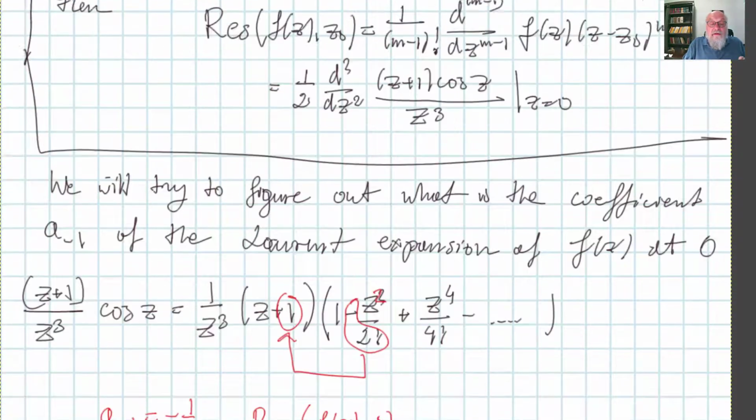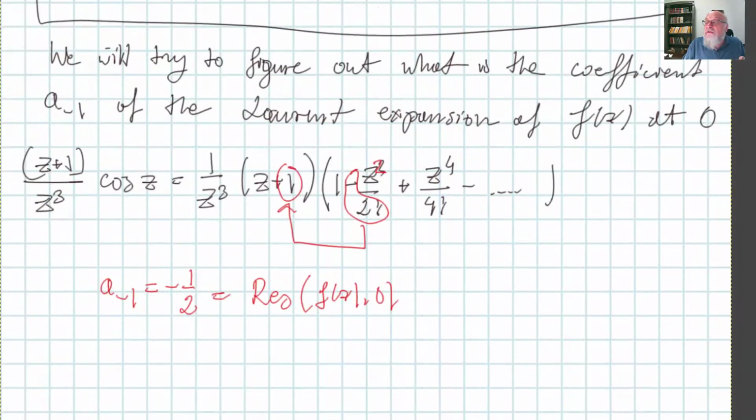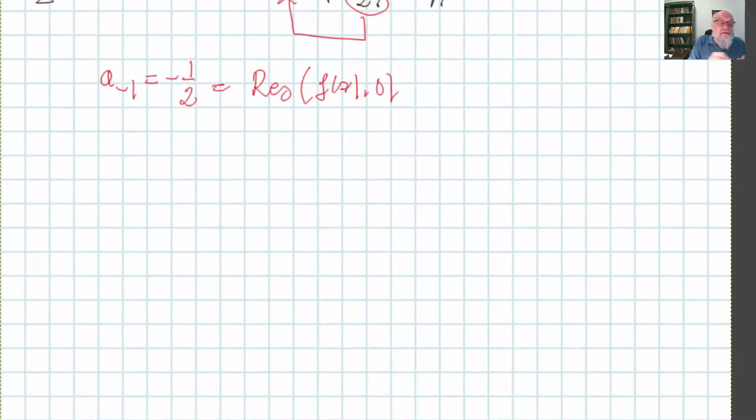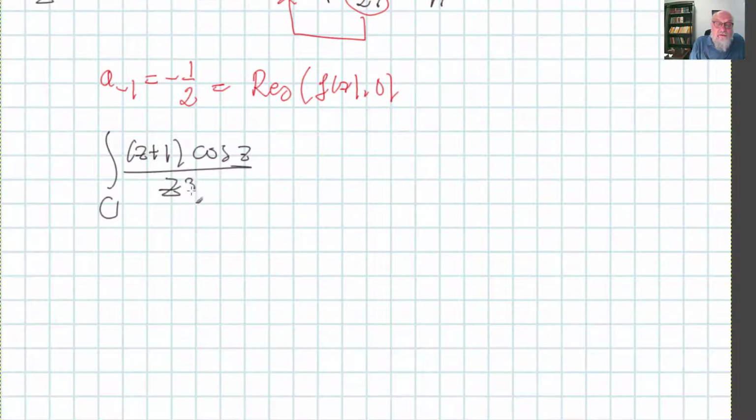So the answer is that this integral over C of (z plus 1) cosine z divided by z cubed dz is equal to 2 pi i times the residue, which is minus 1/2, so this is minus pi i.